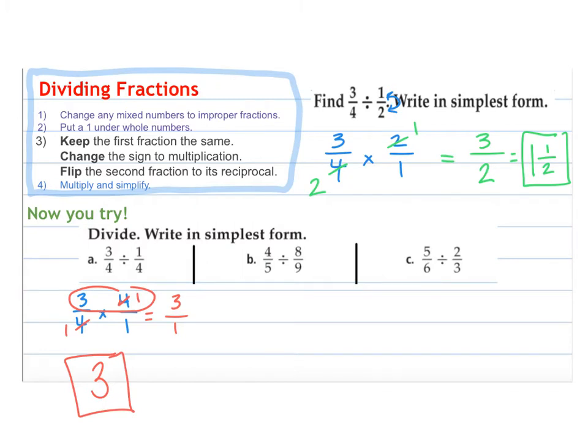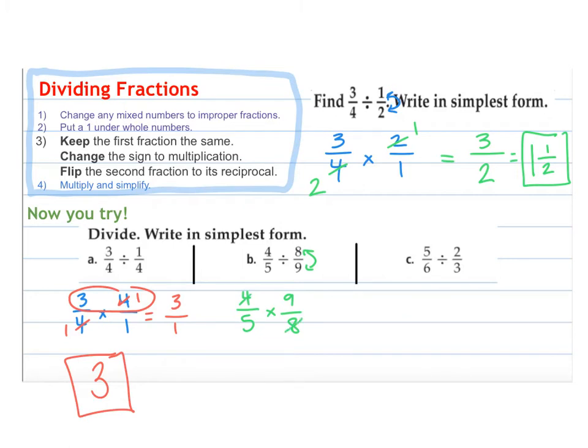Next one, 4/5 divided by 8/9. Again, keep, change, flip. Keep it as 4/5. Change from division to multiplication. And then you're going to flip the second fraction to 9/8. Look for the shortcuts.